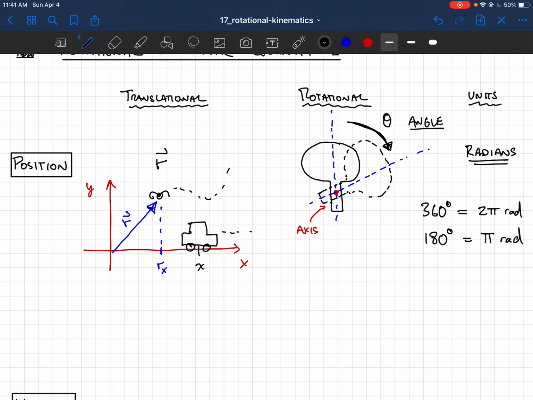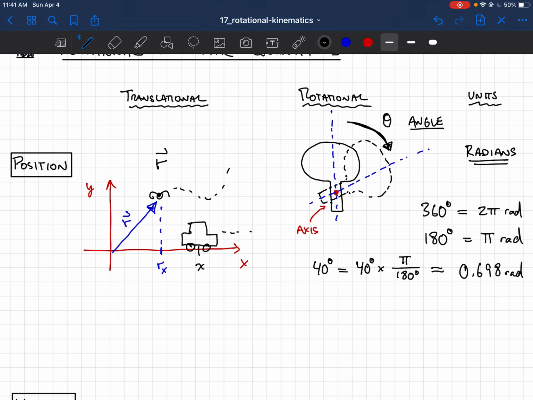And you could convert, so for example, if you had 40 degrees, how do you convert that to radians? Well, that's going to be equal to 40 degrees times, and then you divide by 180 and multiply by pi. And what is that? I don't know what that is. Let me calculate it. 40 times pi divided by 180 is 0.698 radians.